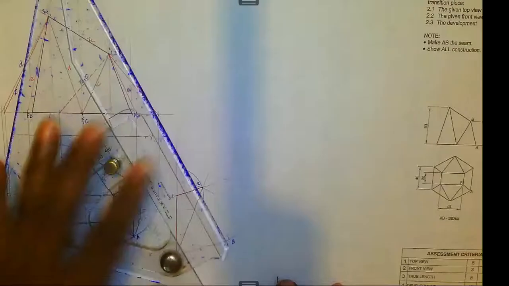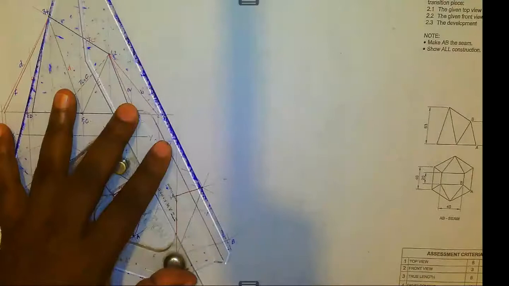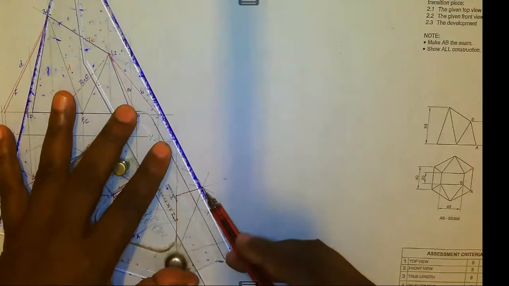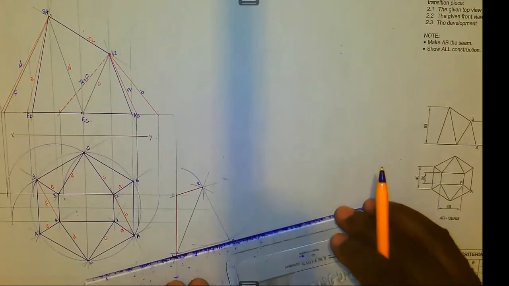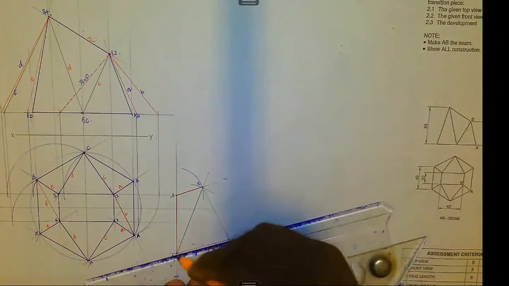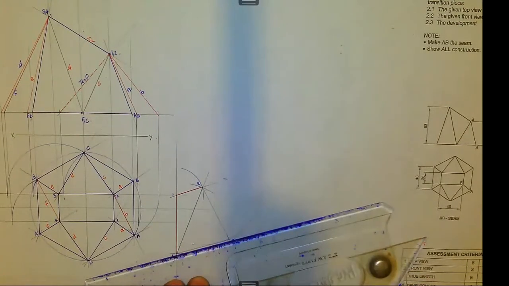Connect this one to there. Connect this one to there. And this can be outlined. Let me use a red pen.